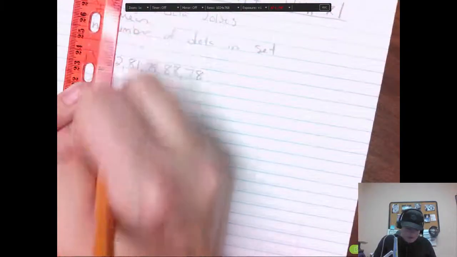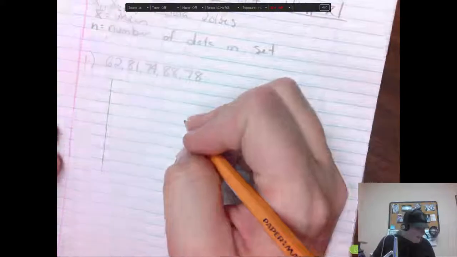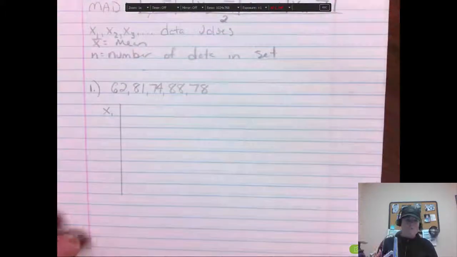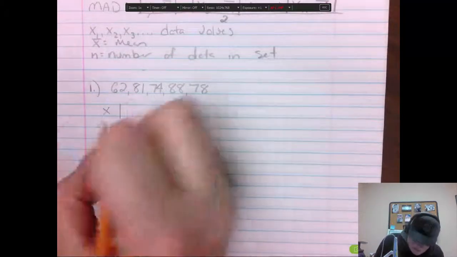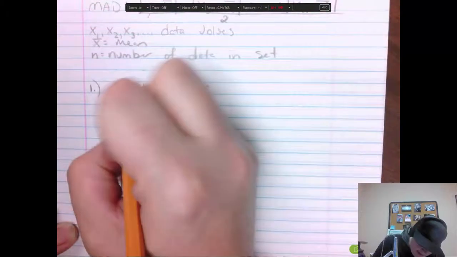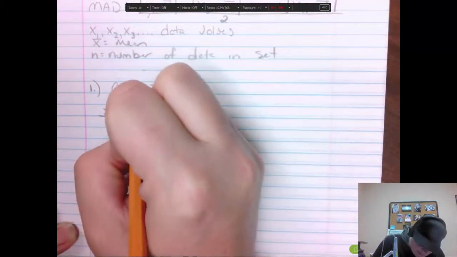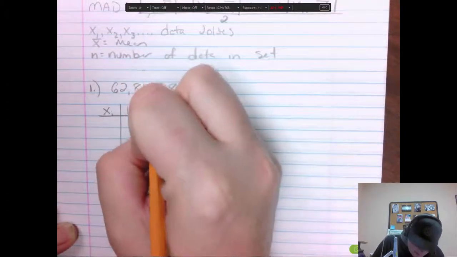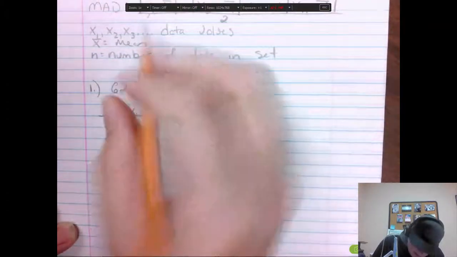I'm going to do a little chart here, and I'm going to write the x's, all those are just our numbers, our data, on one side. And then I'm going to find the absolute value of each. We use a little i for that, representing the different numbers in the data.